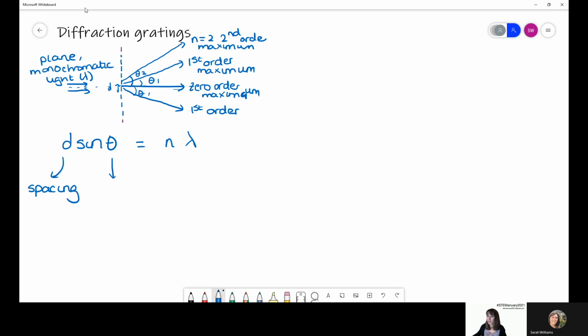Theta here is the angle from the normal. n is the order of the maximum. So 0 is n is 0. Then the first is n is 1. And I drew out n is 2 up there. And lambda is the wavelength.